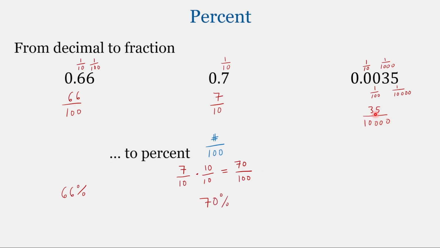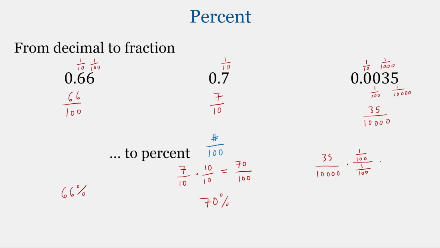And then for this last problem, we have 35 over 10,000. Well, we don't want over 10,000. We want over 100. So to go from 10,000 to 100, we would need to divide by 100 or multiply by 1 over 100. Again, we're always going to multiply by 1. So what we do to the numerator, we do to the denominator.